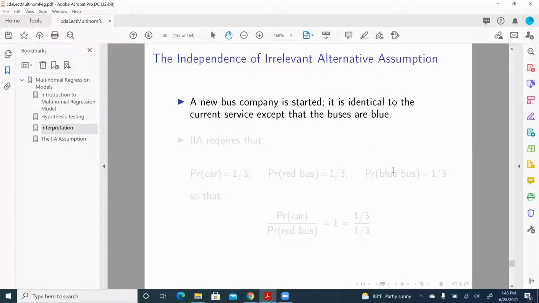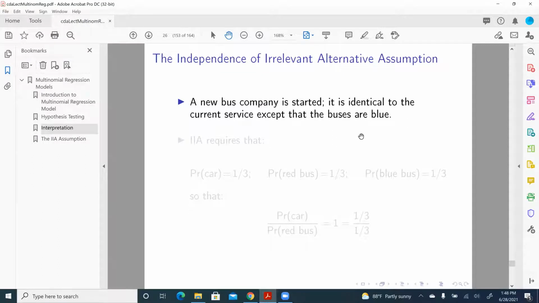So what does it mean for the IIA assumption to hold? Let's say a new bus company is introduced into the game. It is identical to the current service except that the buses are blue. That individual used to have two options, car and red bus. Now we have another option, blue bus.